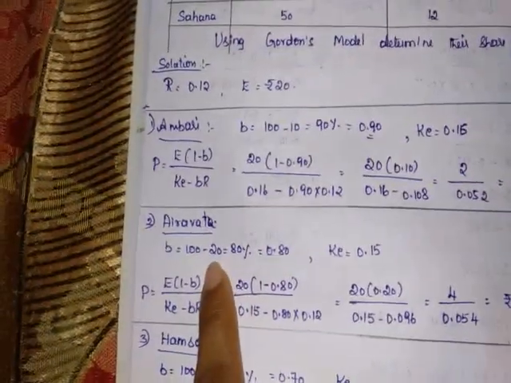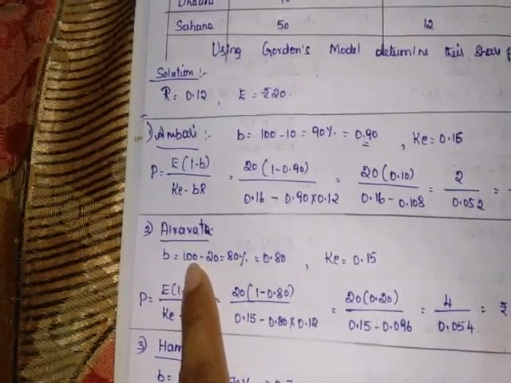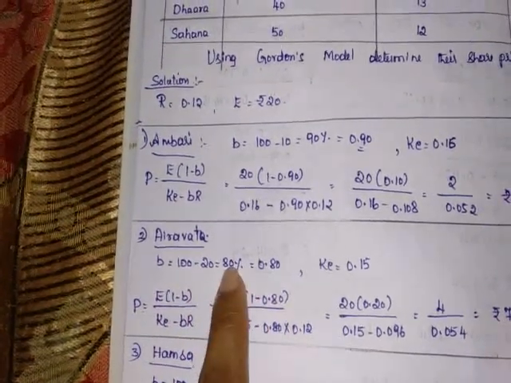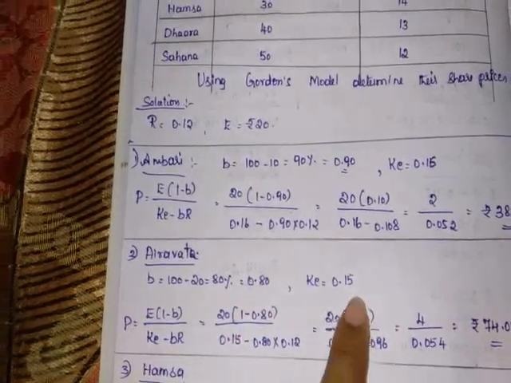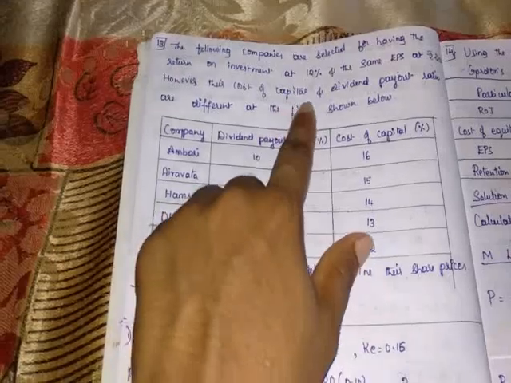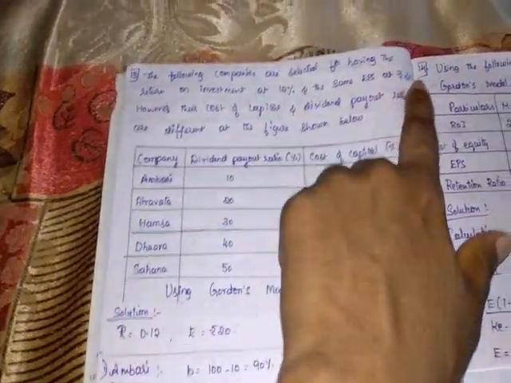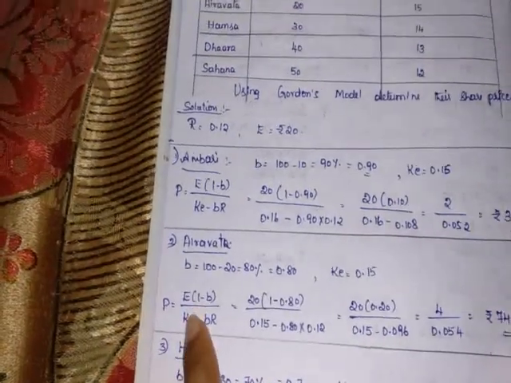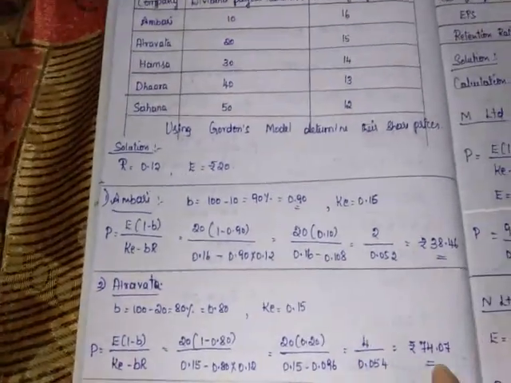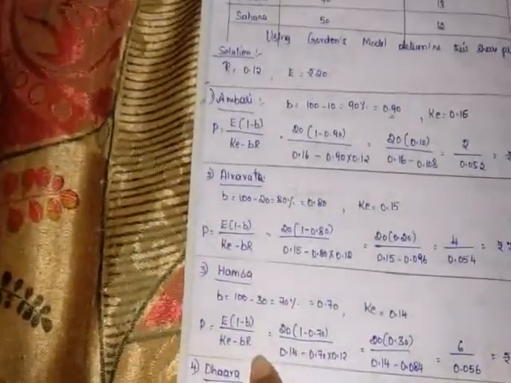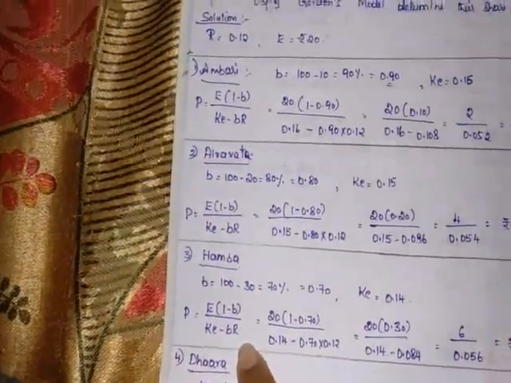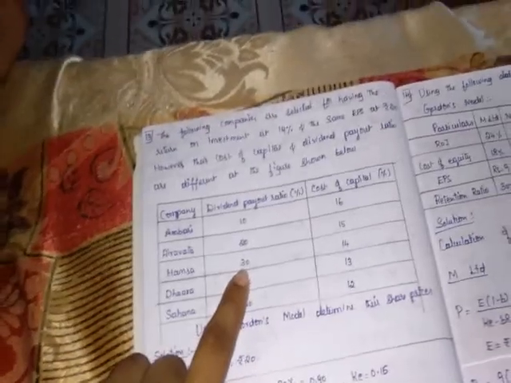Like that, we calculated for the second company where payout ratio is 20%. So B is equal to 100 minus 20, that is 80%, so retention ratio B is 0.80. Cost of equity is 0.15, and return on investment is the same, 0.12, and EPS also the same, 20. By applying the formula, we got the market price, that is 74.07. And for the third company, Hamsa, payout ratio is 30%.